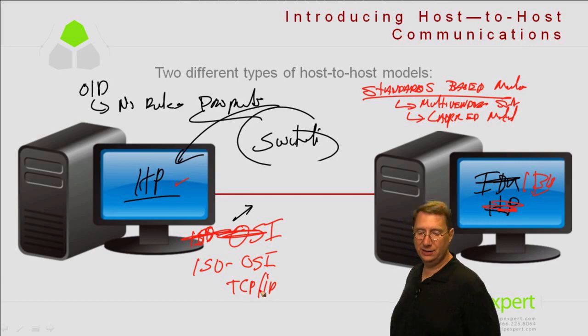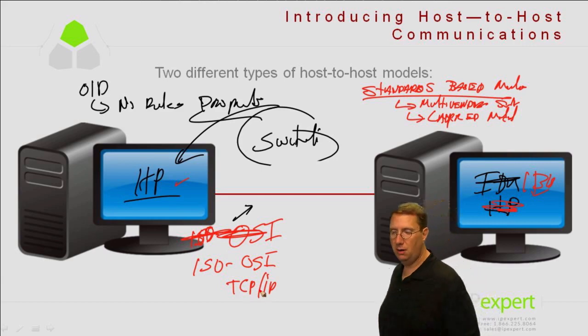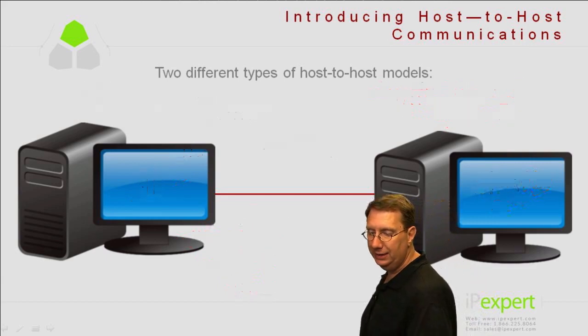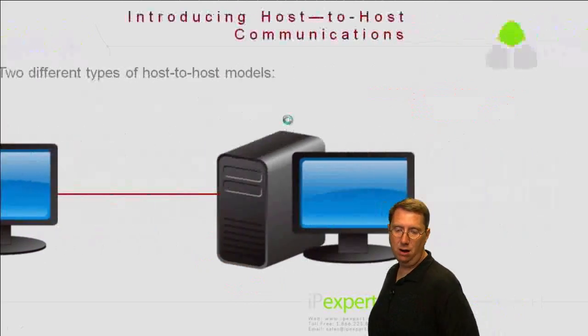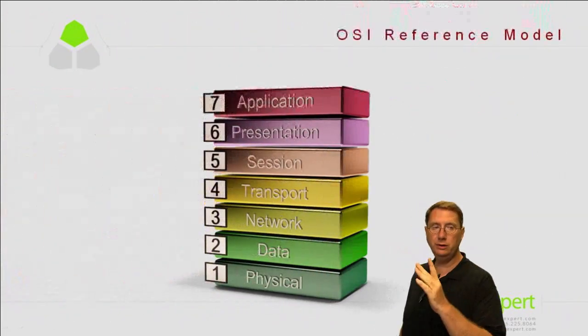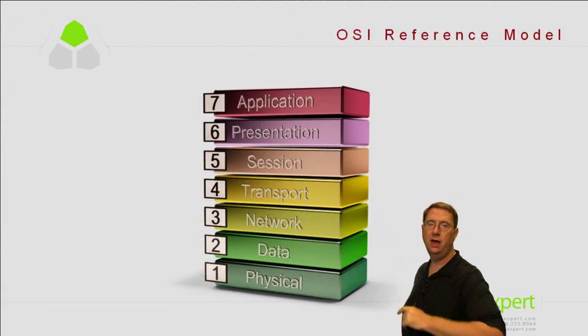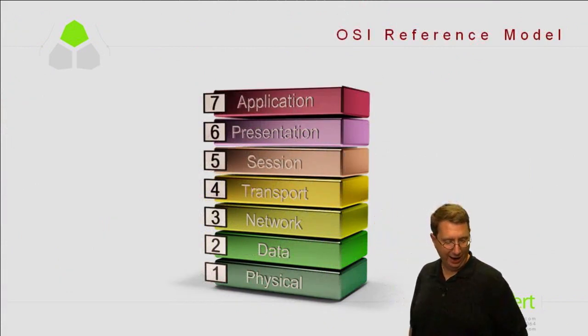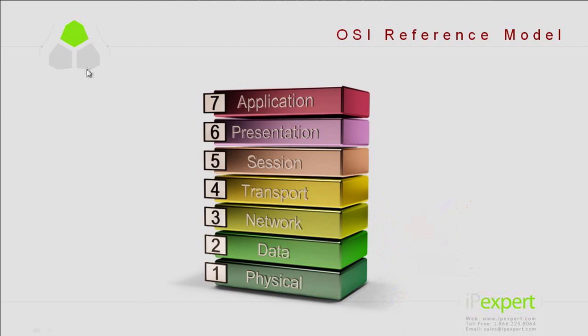Now what we're going to find here is the Open Systems Interconnection model, the OSI model, is a 7-layer model, and the TCP model is going to be a 4-layer. But what I want to do right now is explore this notion of the 7-layer model and what it actually defines and describes for us with regard to how we implement.